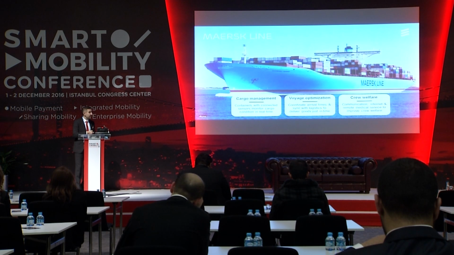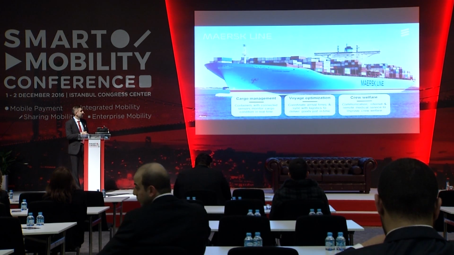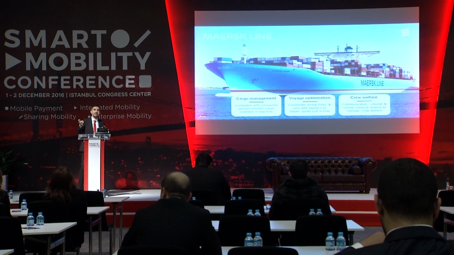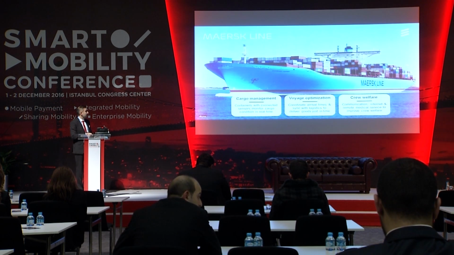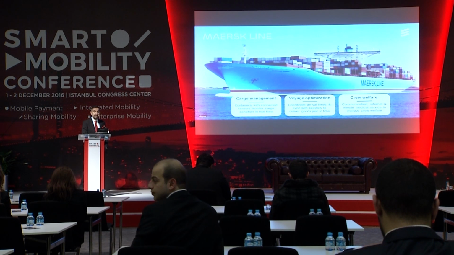We have testimony, and Maersk tells it themselves, that if they foresee congestion at a port, the captain actually can slow down the container ship so that they save on fuel rather than waiting at the port. And obviously, another interesting example of connectivity is all the containers on that ship are actually connected.